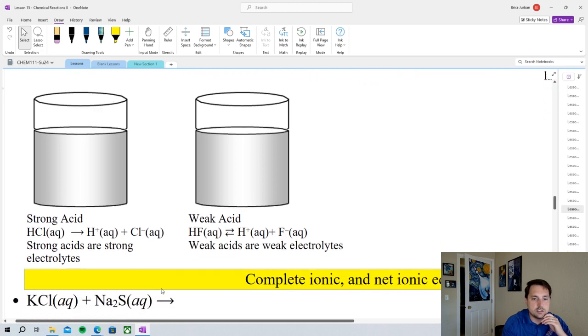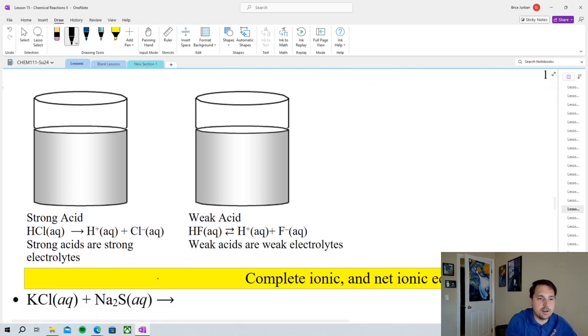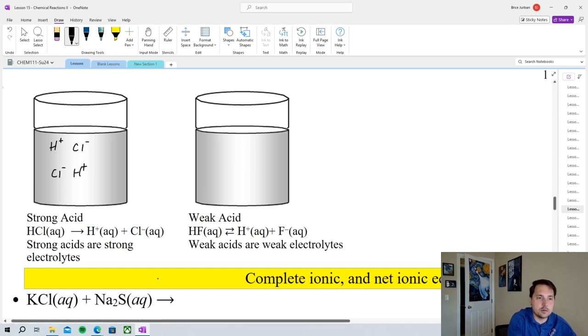Now, here are some examples of acids and bases, because we're going to be talking about these. If I have hydrochloric acid, which is hydrogen chloride in solution with water, this strong acid will break apart completely. So instead of having the molecule anymore, it's going to break up into its ions.